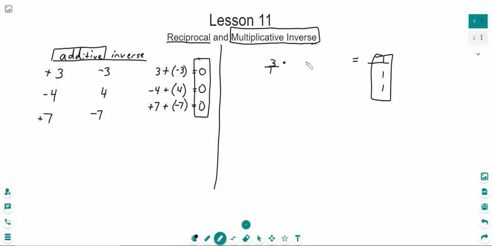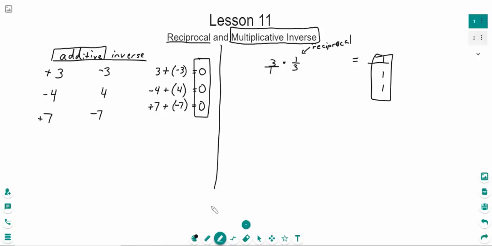When we talk about the reciprocal of the fraction, all we're doing is reversing the order in which we write it. We flip-flop it. So instead of writing it as 3 over 1, we write it as 1 over 3. This is the reciprocal. The reciprocal of a fraction is just the fraction upside down.